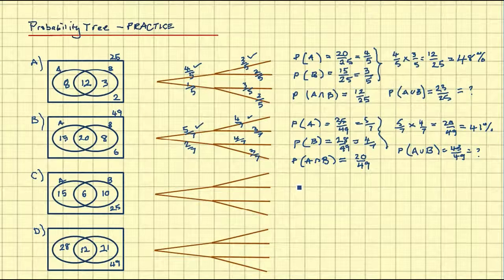Okay, problem C then. So, if you know what to do, pause the video, give it a go, and follow the worked solution, see if you're right. So, probability of A, 15 add 6 is 21, 21/56.